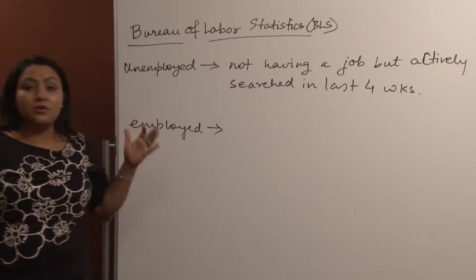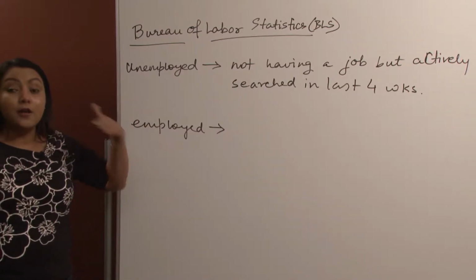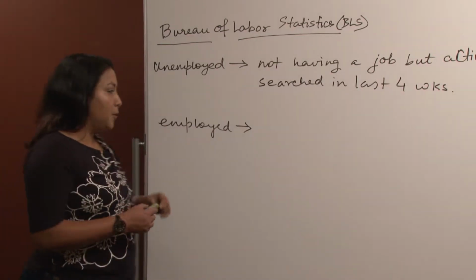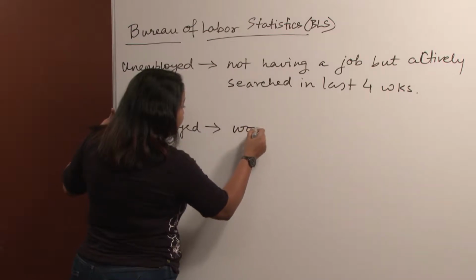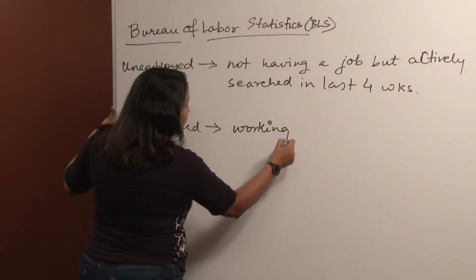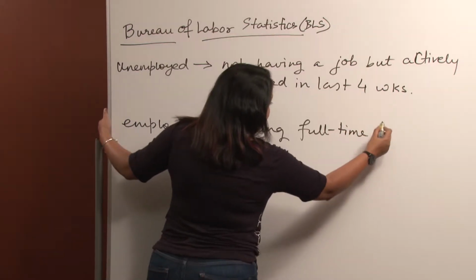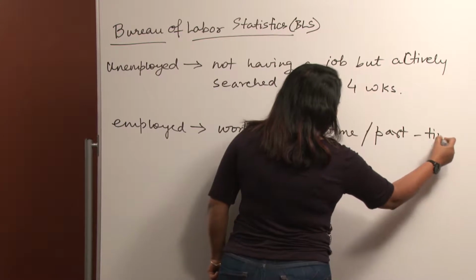So, anybody who is employed full-time or part-time, that means anybody who has worked 15 hours or more, is considered an employed person. So, employed are everyone who is working full-time or part-time.